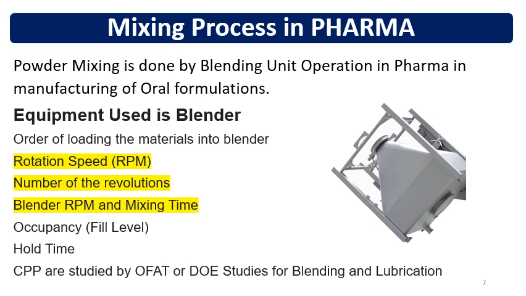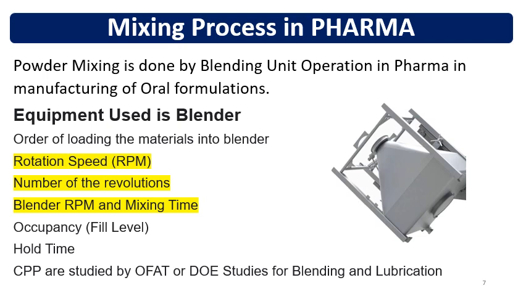Then comes to the rotation speed. So how these materials are blended into the blender is by the rotation. So it rotates and it mixes the material. That rotation speed is critical. It should not be too low or it should not be too high, and it is dependent onto the performance qualification and the equipment size. Then number of revolutions.